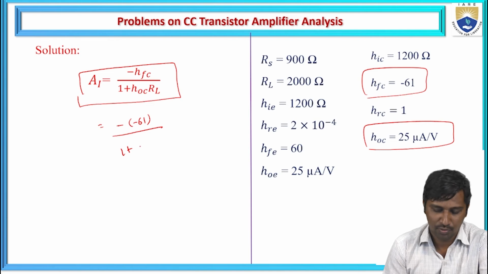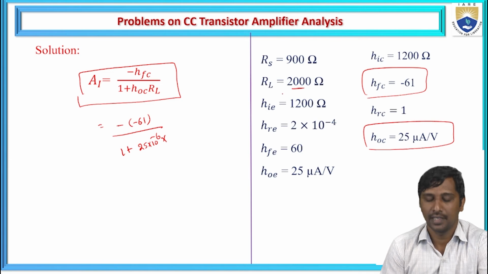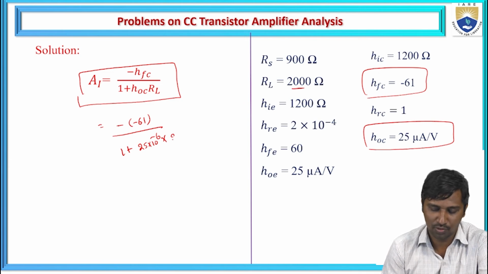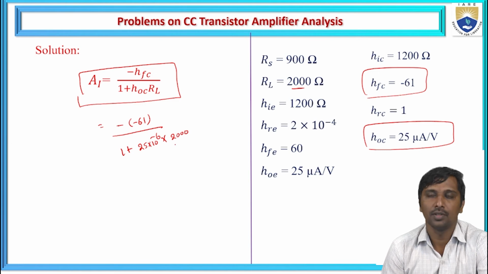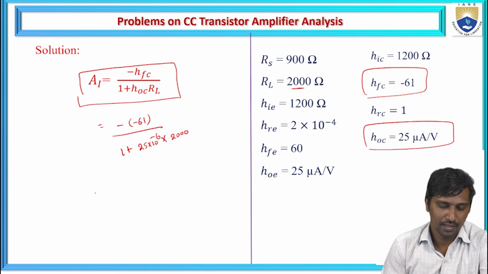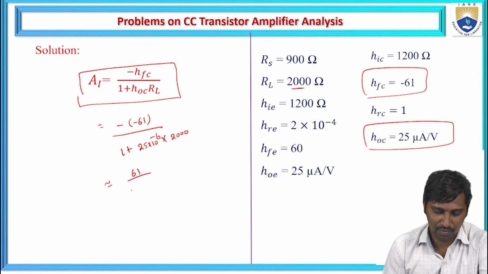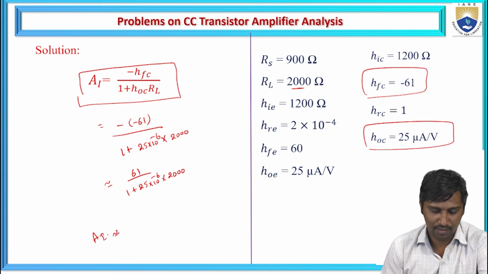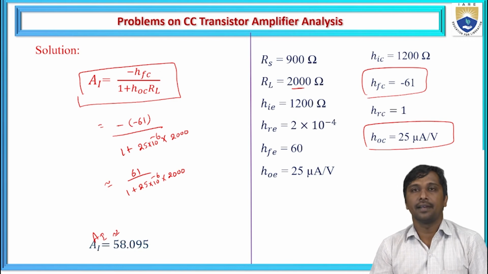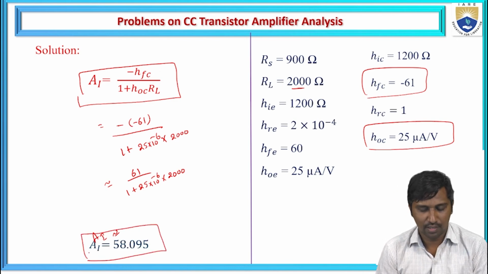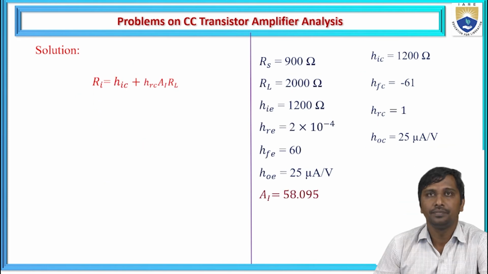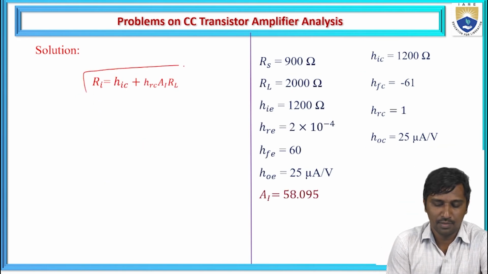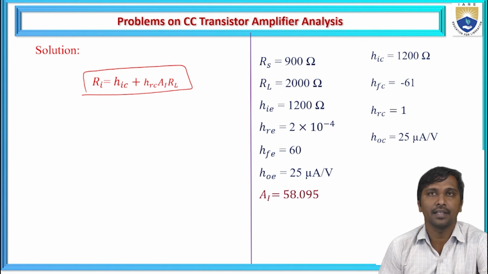The HOC value is 25 into 10 to the power of minus 6, into the load resistance RL, which is 2000 ohms, or 2 into 10 to the power 3. Simplifying 61 by 1 plus 25 into 10 to the power minus 6 into 2000, the current gain is equal to 58.095.